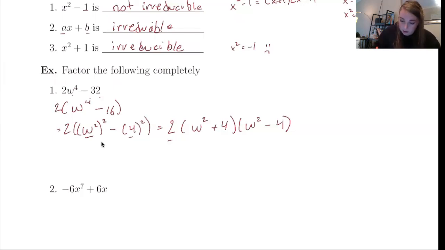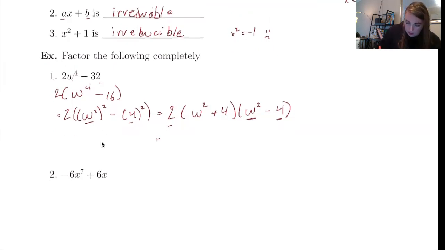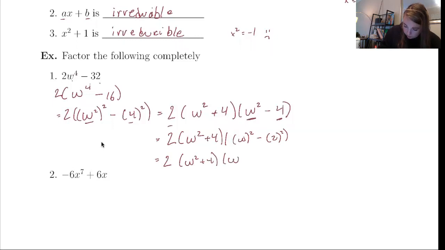What about w squared minus 4? Well, that's something squared, w squared, minus something else that's squared, 4. So I could then write this again as w squared plus 4, w squared minus 2 squared. So then I can factor that last guy, w squared minus 4, and that gave me w plus 2 and w minus 2.